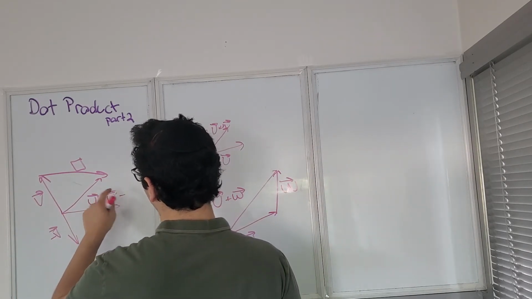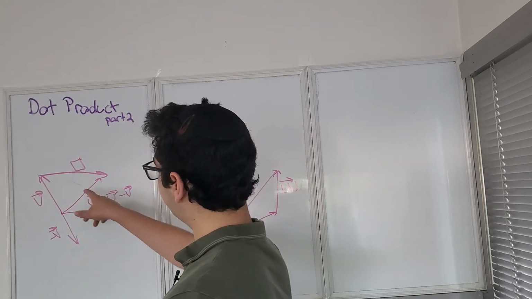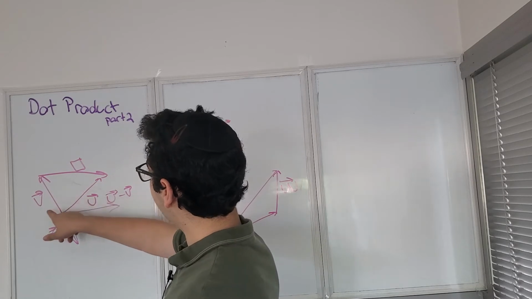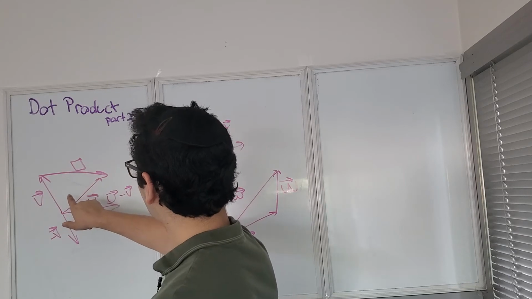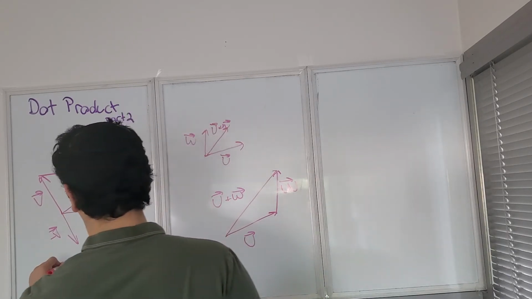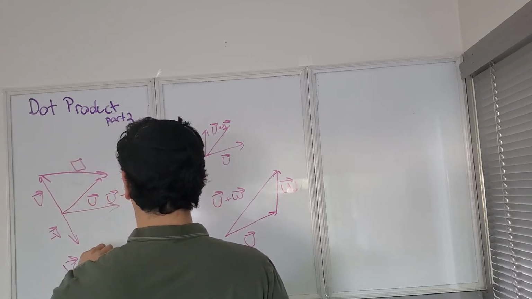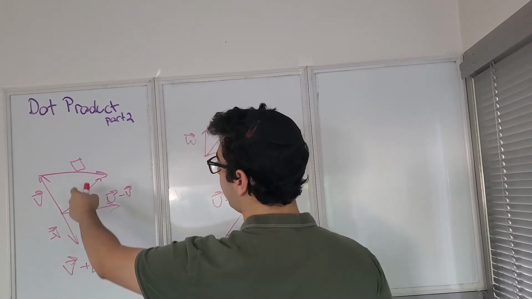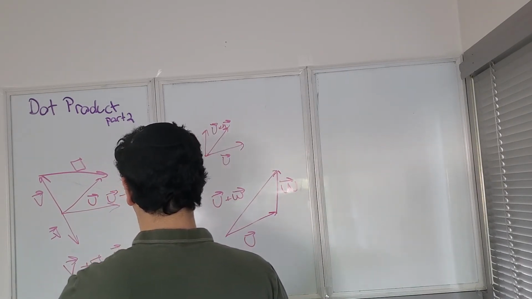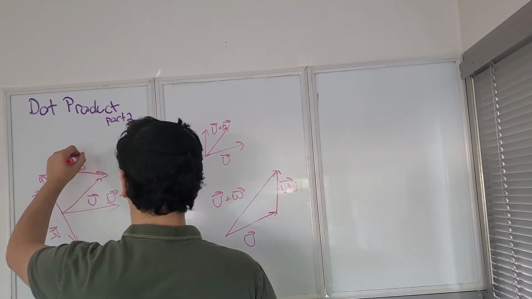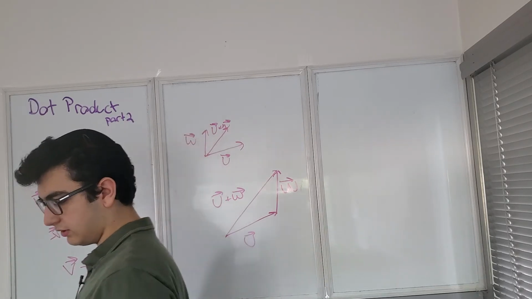So it would be u minus v. Another way you could do it is to say that v plus that box will give you that u vector, and then you solve for the box. For all of these things, you could do it the first way, and sometimes you could also do it the second way. We'll see that we come out to the same answer. So that is equal to the u vector minus the v vector.